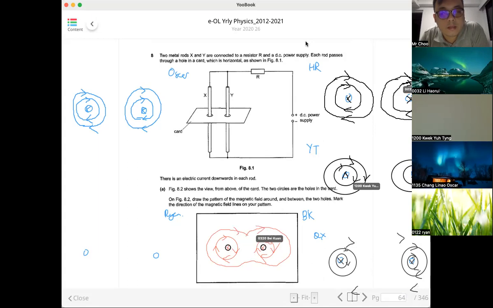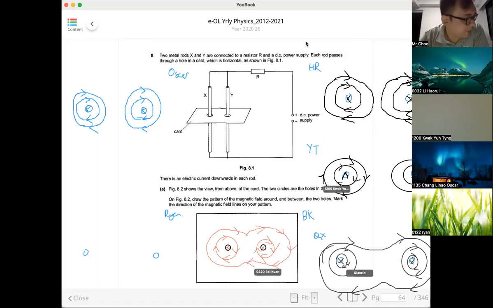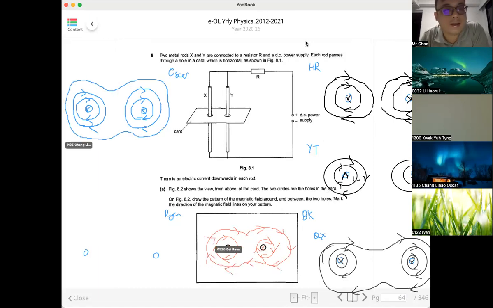Bei Kwan, in exam, we don't just draw 2 lines, draw a little bit more. And in exam, don't need to draw so many arrows, Bei Kwan. Hey Ryan, you draw on a piece of paper and then show me on camera.